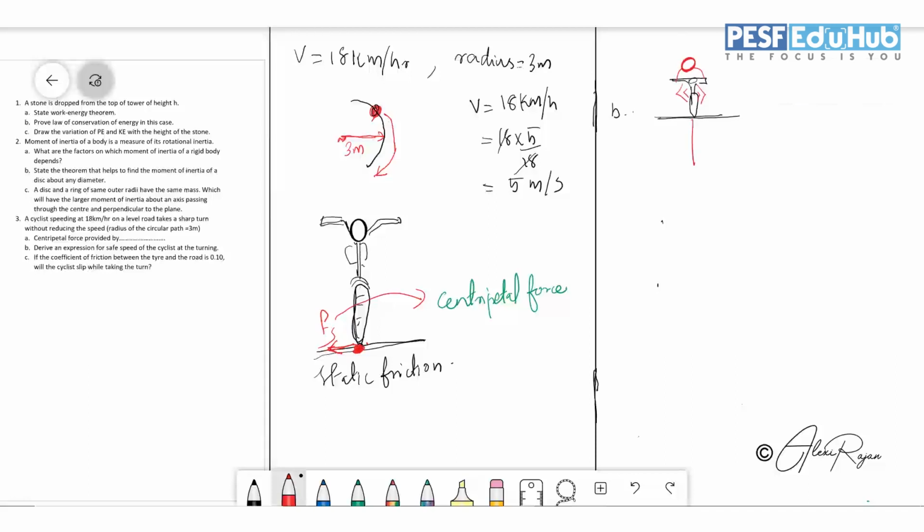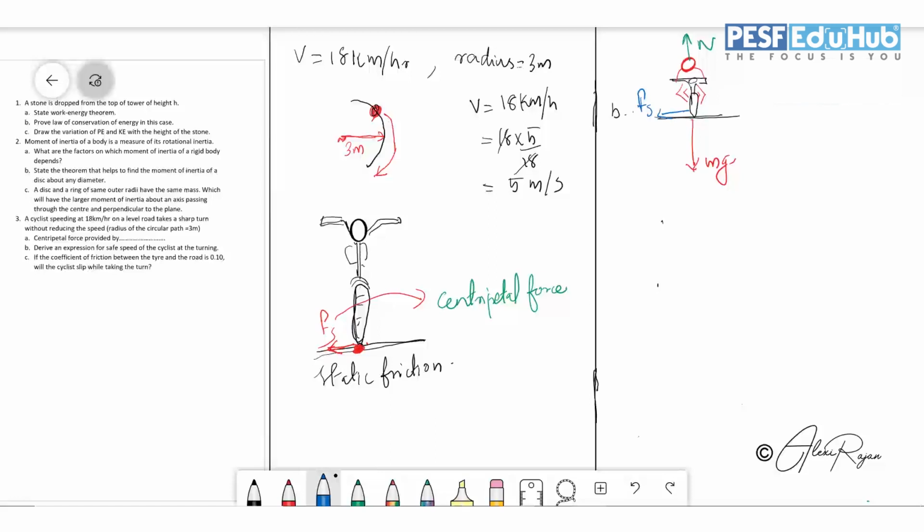The weight of the body is acting in which direction? mg. Your normal reaction is acting this way. And your frictional force, or static friction, is acting in this direction, Fs. So these are the various things from the diagram.